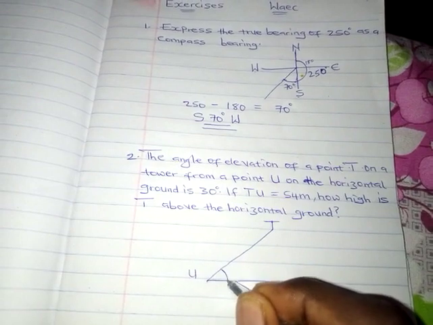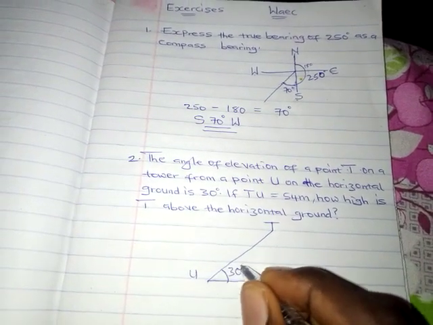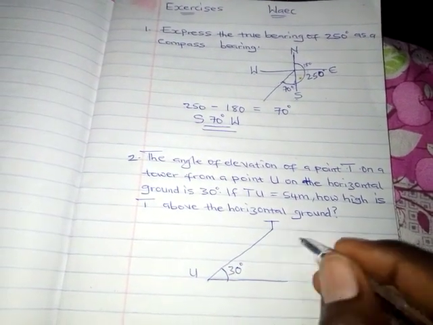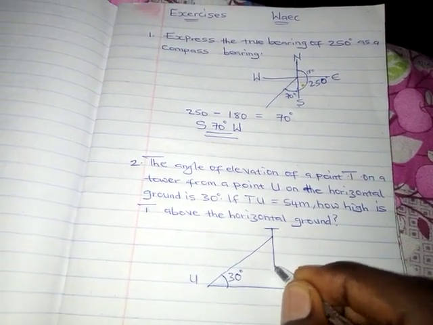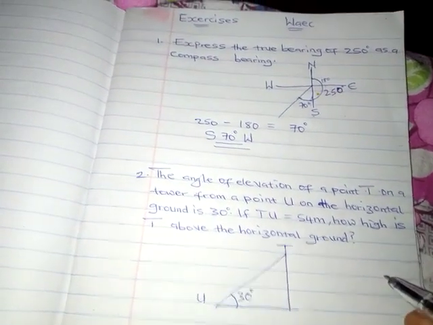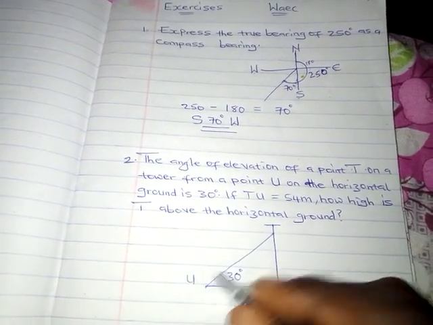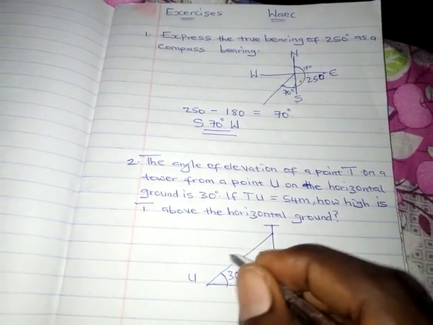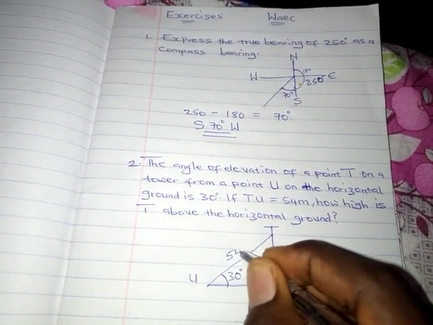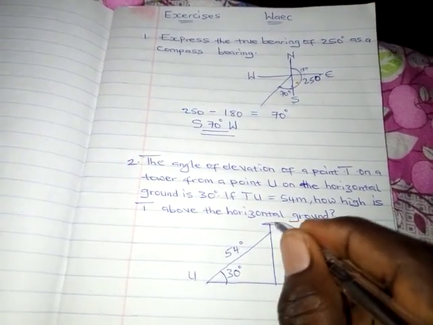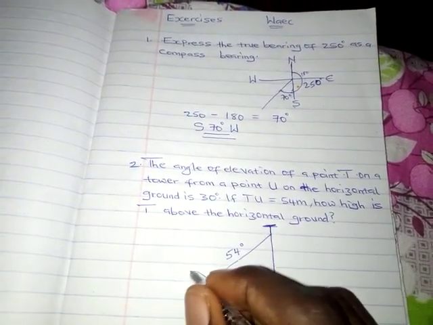U is making an angle of 30 degrees with it. So we can join this to give us a triangle. And also they said TU, from this point to this point here, is 54. So here is T and here is U.